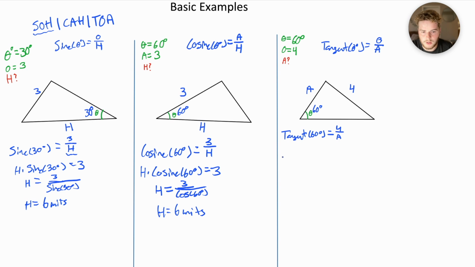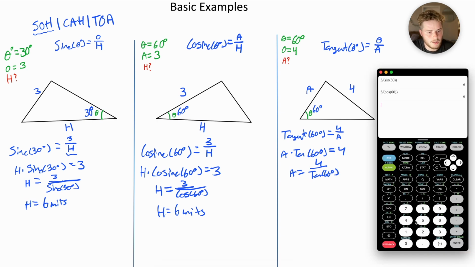Using our algebra, which is similar to the last problems, I structured this intentionally. We can say tan for tangent, that's its abbreviation, equals 4. And then we can set adjacent equal to 4 over tangent of 60 degrees. So we're going to use our calculator to find that again.